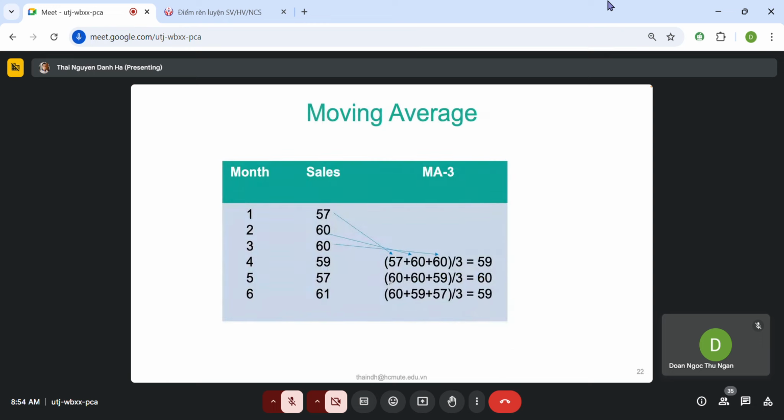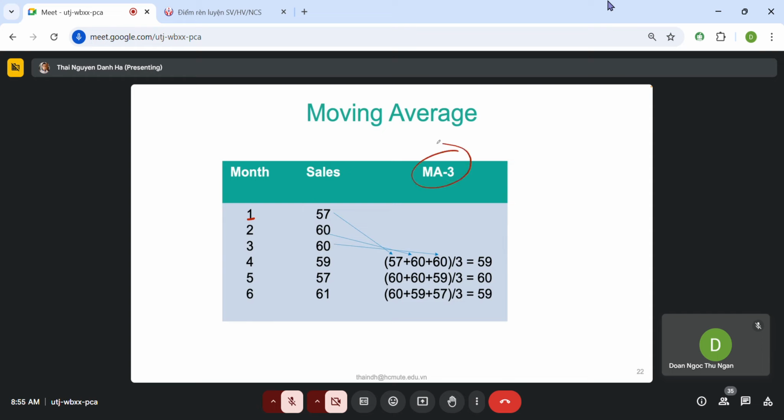For example, we have the numbers here for January. We track the sales record here. We sell 57 products, and in February we sell 60 products. March 60.